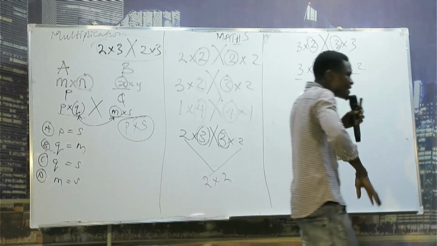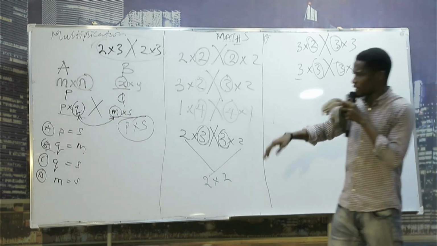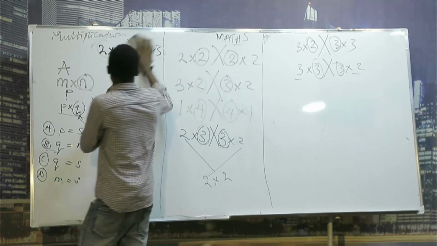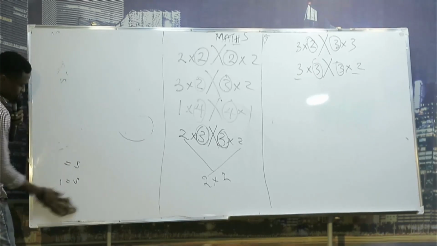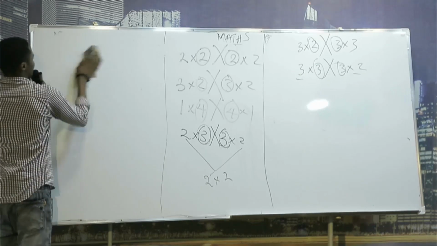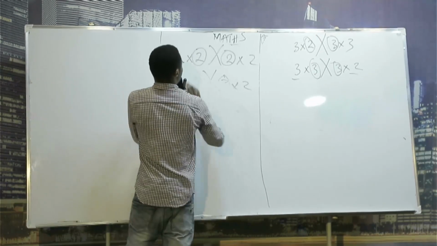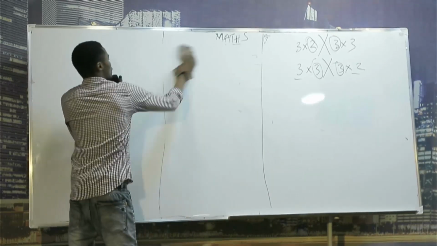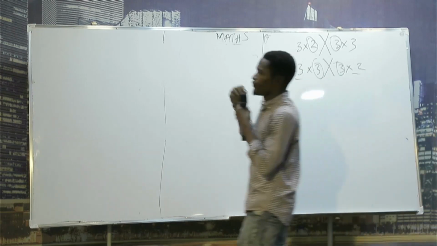So, let us now see how to multiply. Once you've checked and see if it is possible to multiply, let us now see how to multiply. Example 1. Let's start with something very simple.